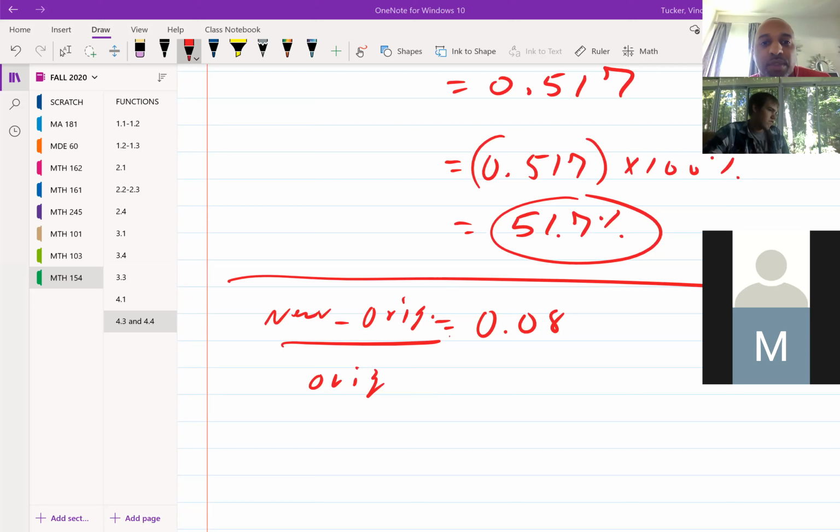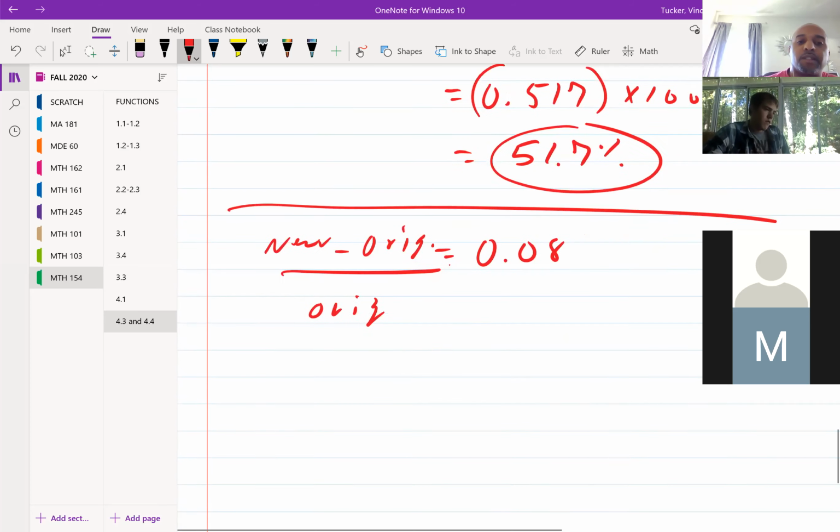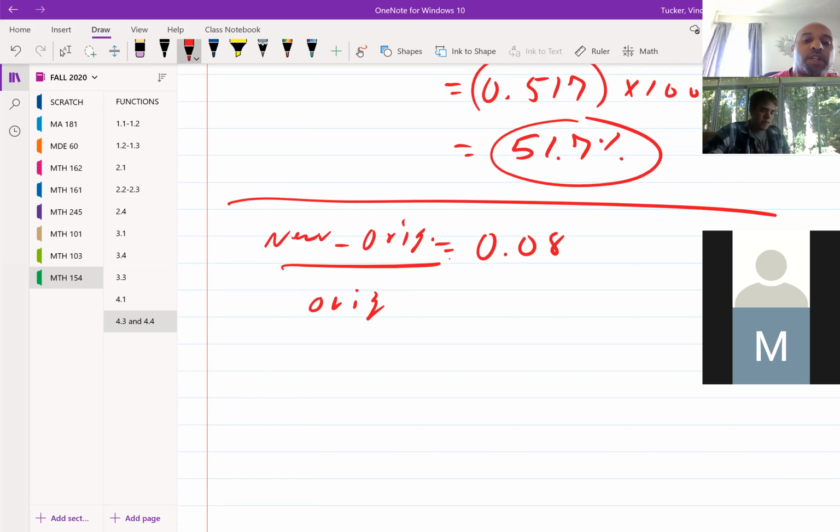Let me play with that one for a little bit because it's something I'm missing in the process. Okay, let's do this. We know there's an original amount, and then the new has to decrease by 0.8.